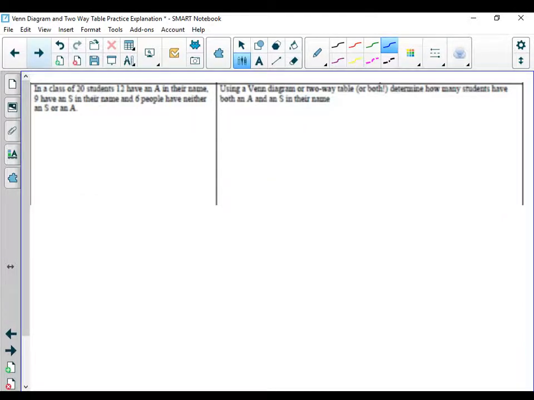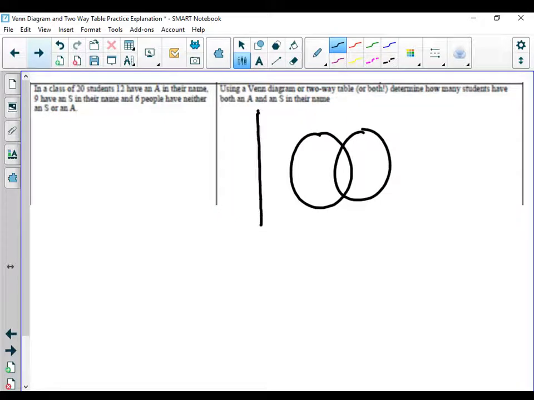All right, then the last one here. Again, they said we kind of have an option. I'm going to actually set up both. I'm going to start with my Venn diagram, with the same thing, A's and S's.